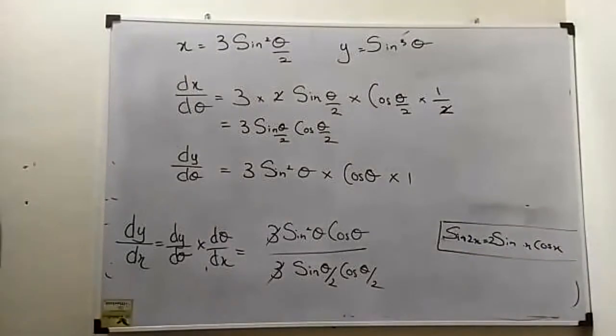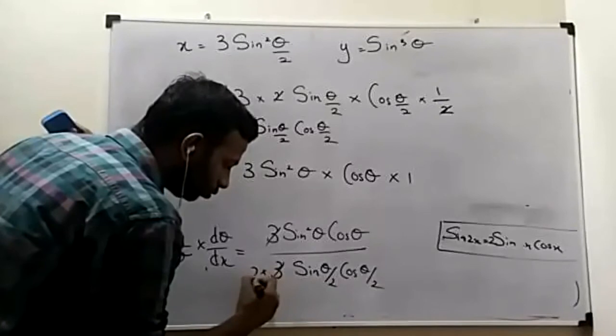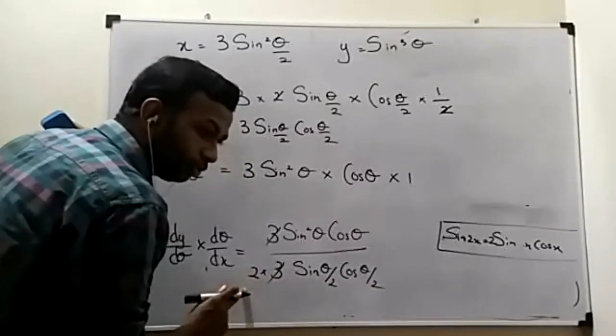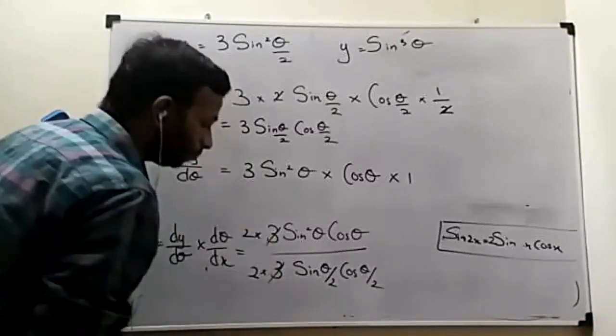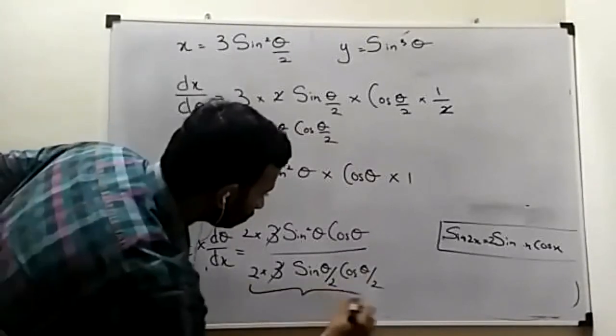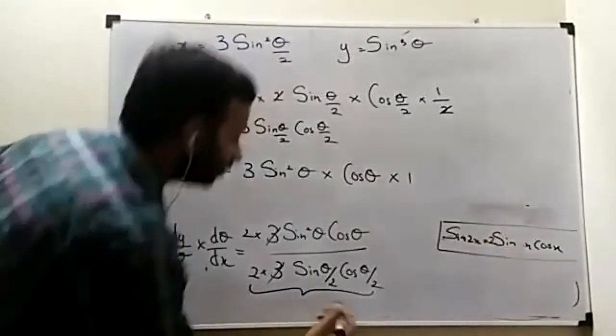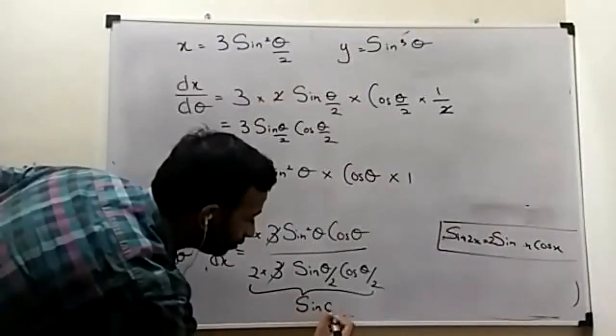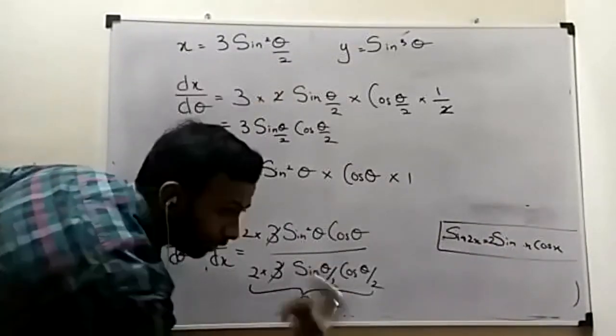We can use the same formula here, so we need a 2. For that, I'll multiply the bottom by 2, and I should also multiply the top by 2. So what is this? 2 sine theta by 2 cos theta by 2. Using this formula, we get sine theta.